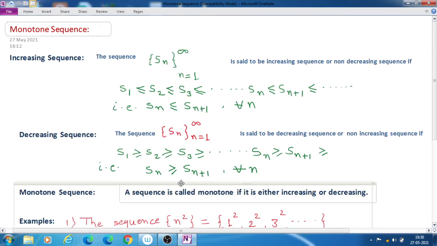Now in this lecture we see what is a monotone sequence. So first we see the definition of an increasing sequence.